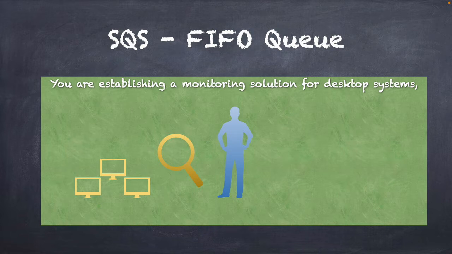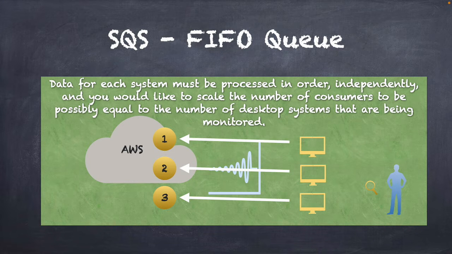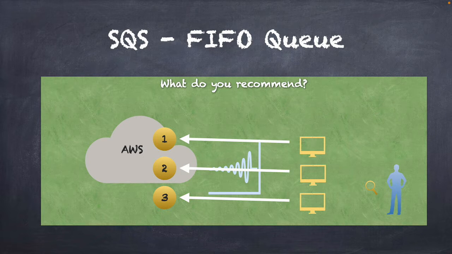So, let's say you are establishing a monitoring solution for desktop systems. The desktop systems will be sending telemetry data into AWS every 1 minute, and data for each system must be processed in order, independently, and you would like to scale the number of consumers to be possibly equal to the number of desktop systems that are being monitored.